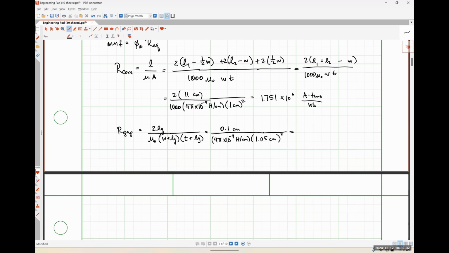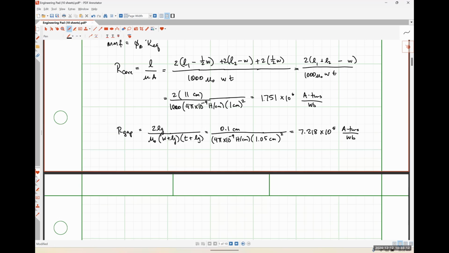And so when I throw this into my calculator, I have 0.1 over 4 pi times 10 to the minus 9 times 1.05 quantity squared. And I got 7.218 times 10 to the 5 amp turns per Weber. Okay.